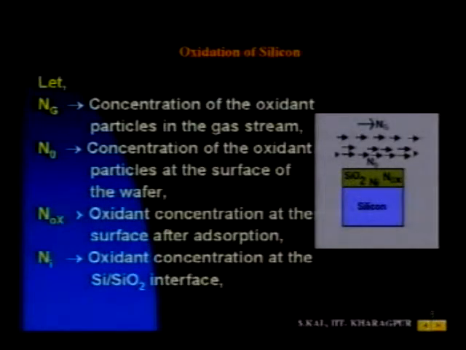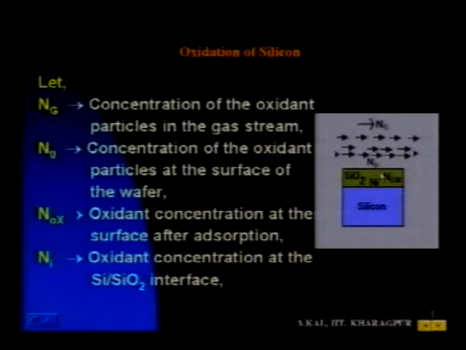So this oxide layer will absorb those oxygen particles, and just after absorption the concentration of oxygen particles is NOx. Clear? Outside the oxide surface it is N naught, just inside the oxide surface it is NOx after absorption. Then what will happen?